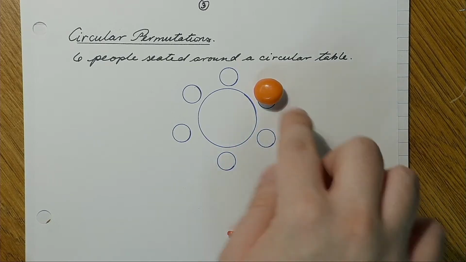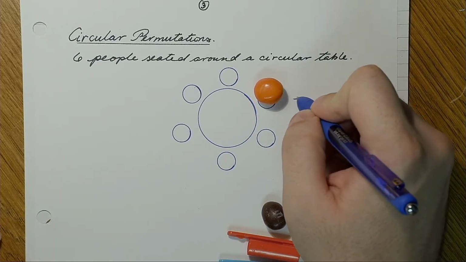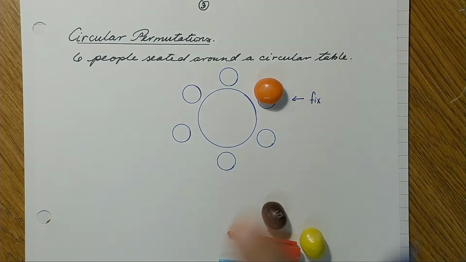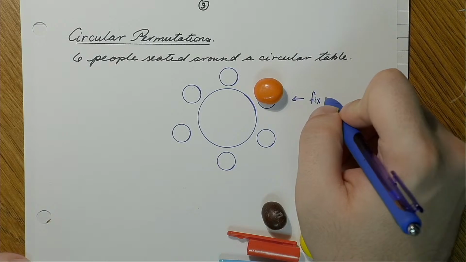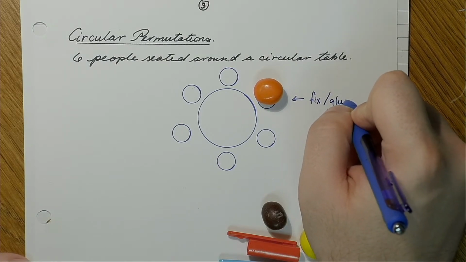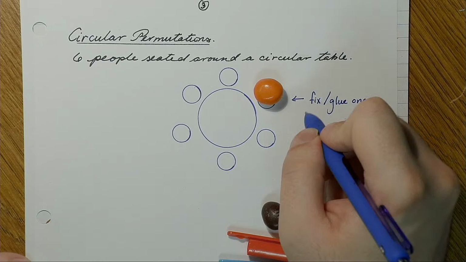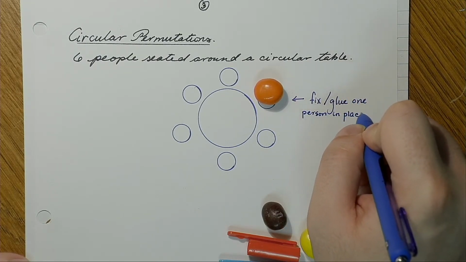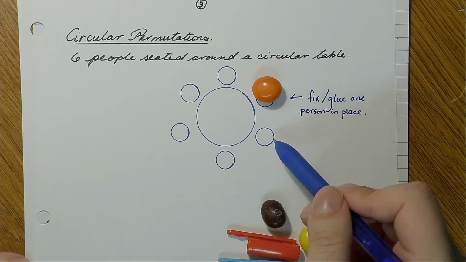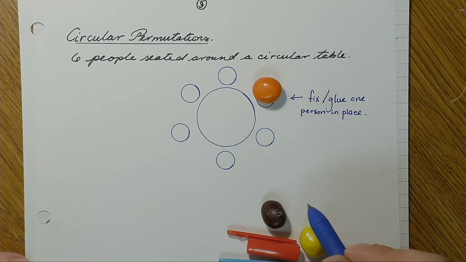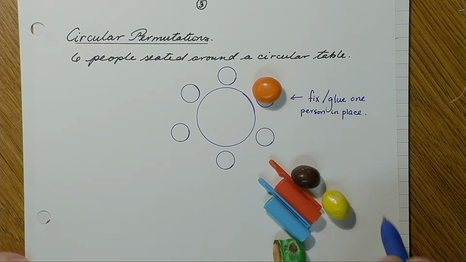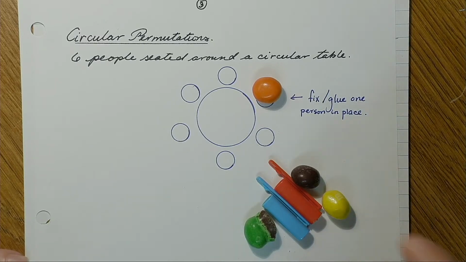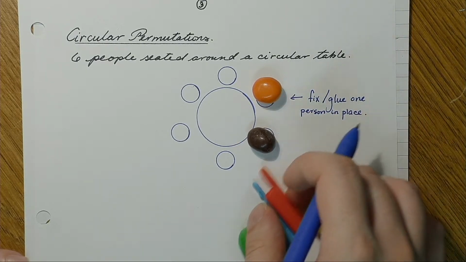By fix I mean you stick or glue one person in place. Which means then that for this seat right here, I have 5 that I can pick from. So there's 5 choices for this.